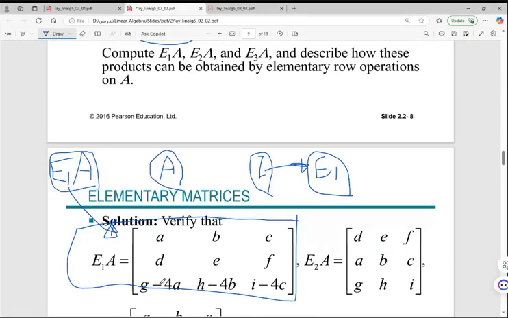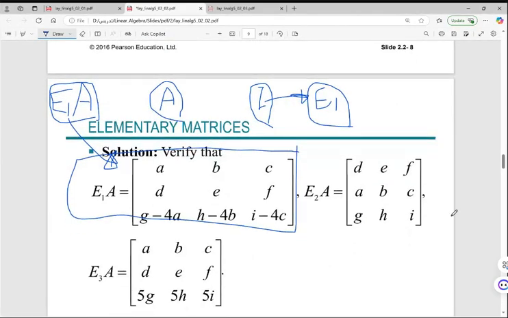Okay, and also this holds for row interchange. So what is E2A? In E2A, you see that row 1 and row 2, the positions of the first row and second row, are interchanged, right?